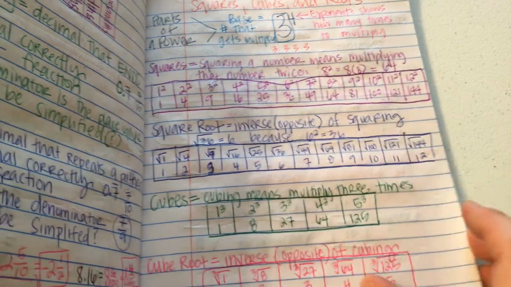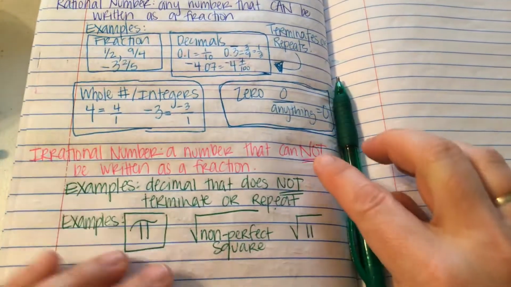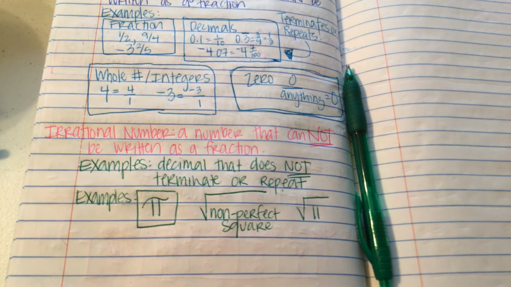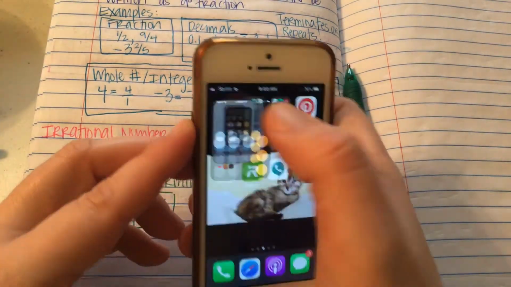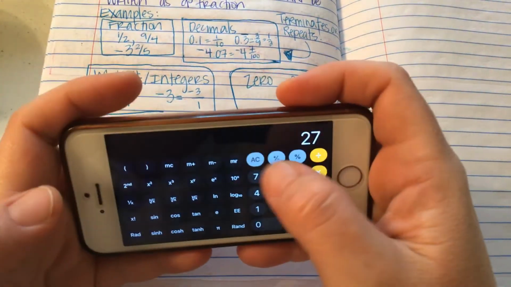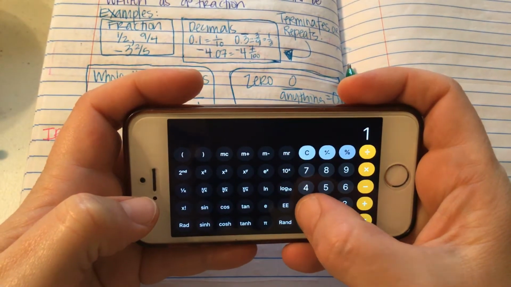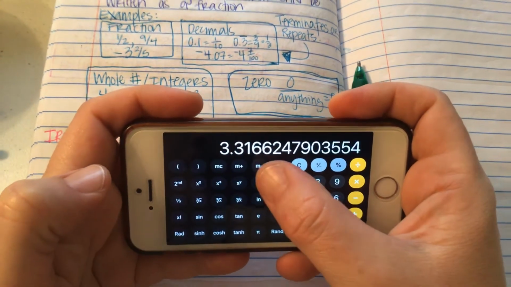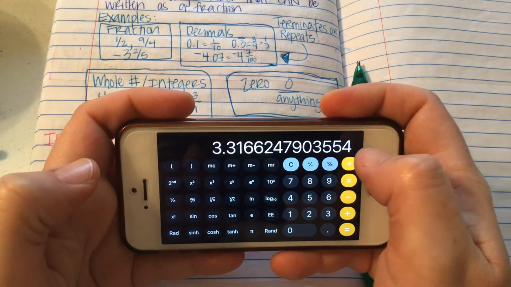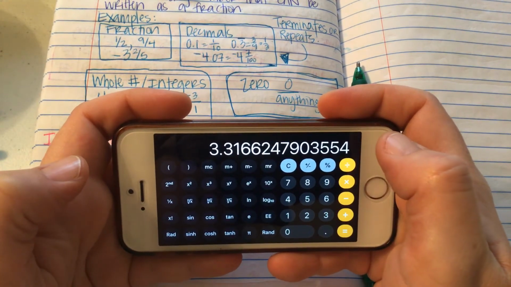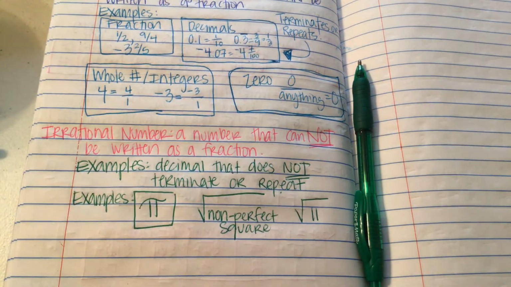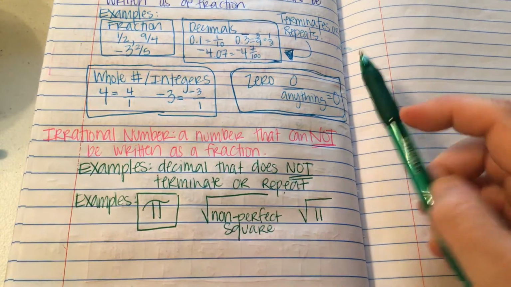So the square root of 11 is this never ending, never repeating number. I'll show you. I've got my calculator, and if I do 11 and then the square root, it's this decimal that does not repeat, and it goes on forever and ever, right?